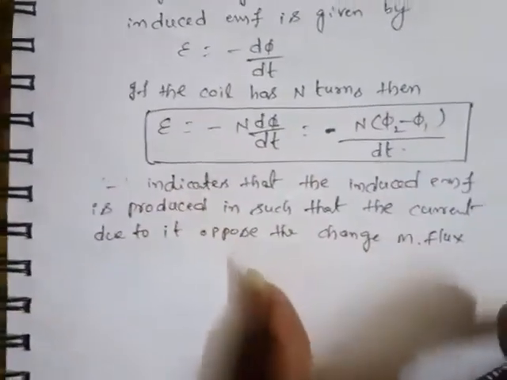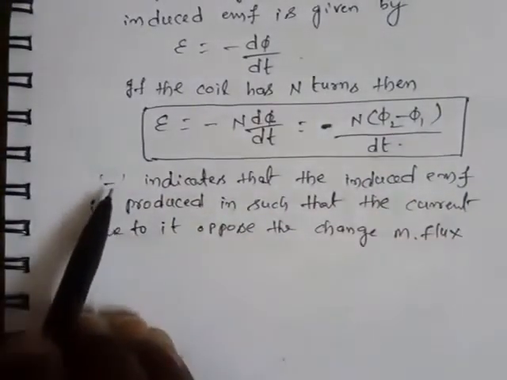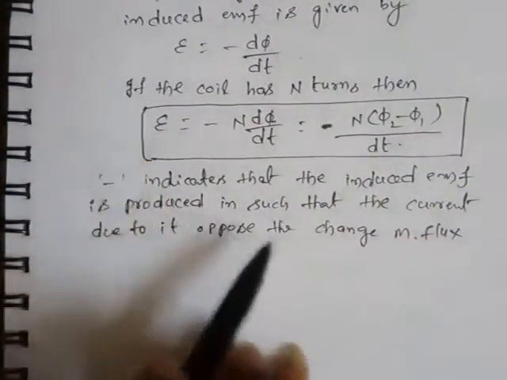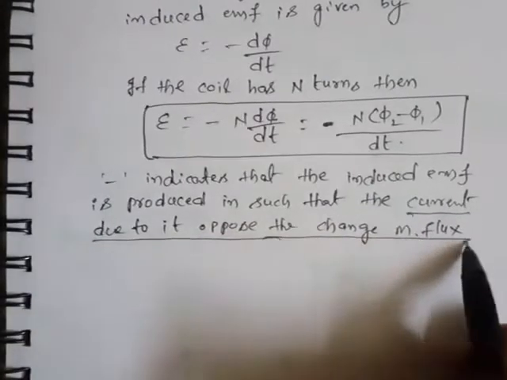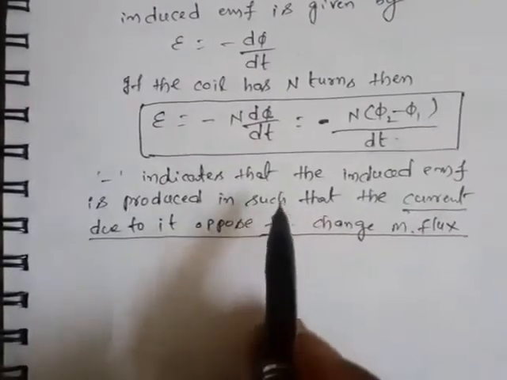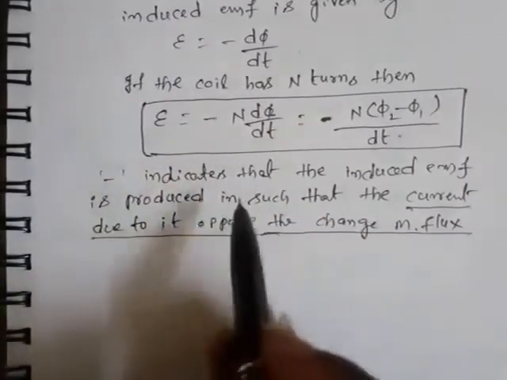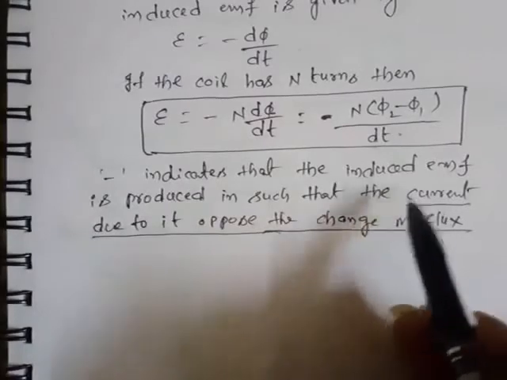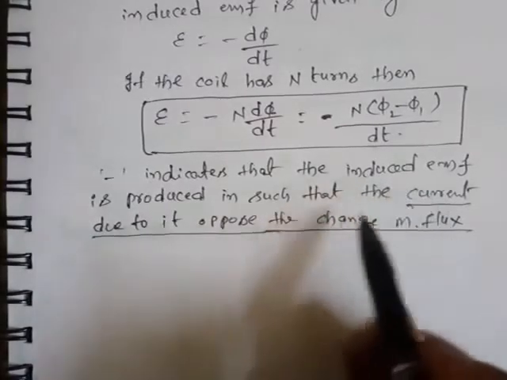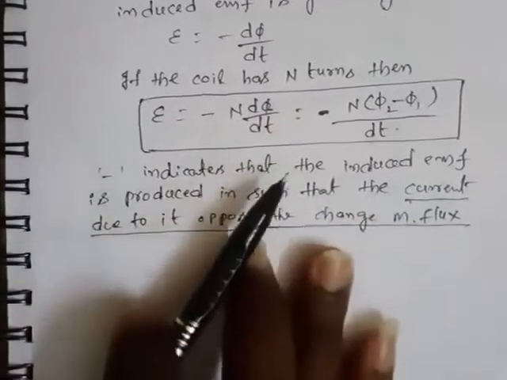So the negative sign indicates that according to Lenz law, the induced current opposes the magnetic flux change. Whatever the magnetic flux change in the coil, it should be opposed by the induced current produced in the coil. We have already discussed this in previous videos.